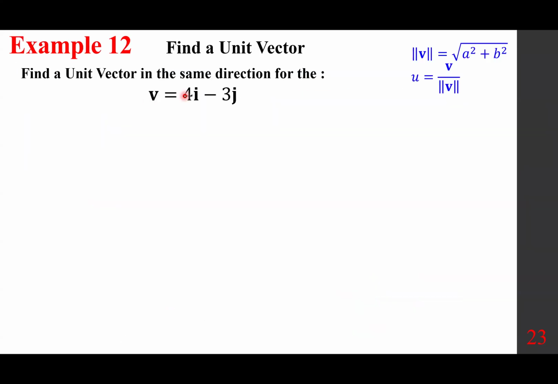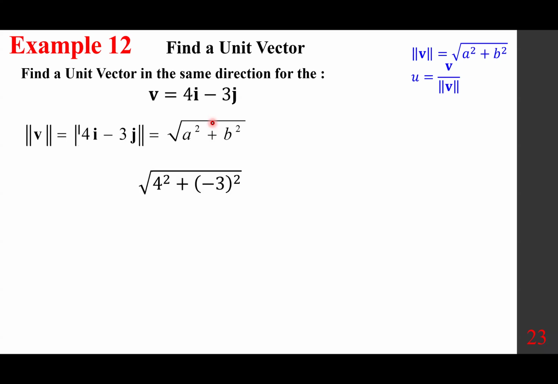Find a unit vector in the same direction for this. As you know, we have to find the magnitude first. So square this one, square this one: 4 squared and negative 3 squared. We've seen this many times before. It ends up being 25 and comes out as 5. And the unit vector in the same direction is the same vector divided by its magnitude.